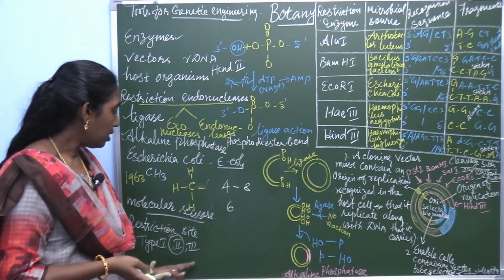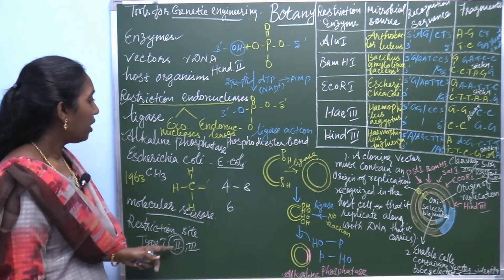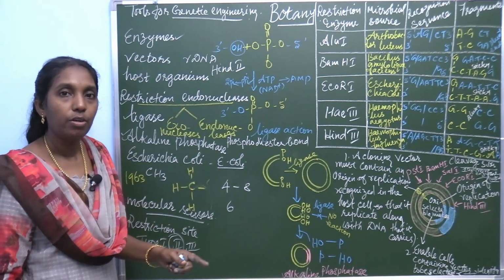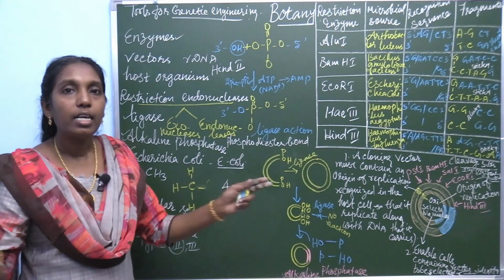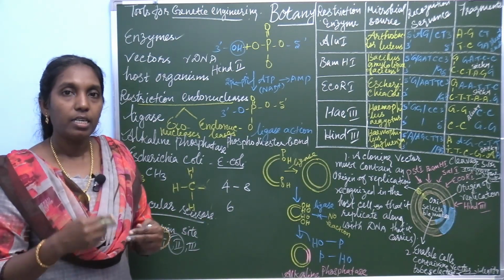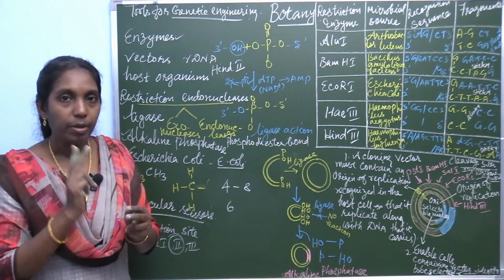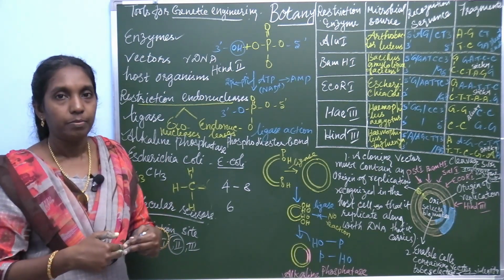Based on this, type 2 is used for cleavage of the DNA sequence. What is its role? It cleaves the DNA sequence. You know that when you are making a recombinant DNA, the plasmid or the vector can be cut open and a foreign DNA can be inserted.